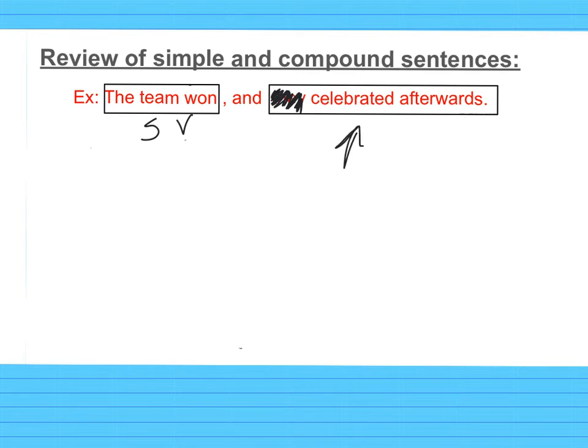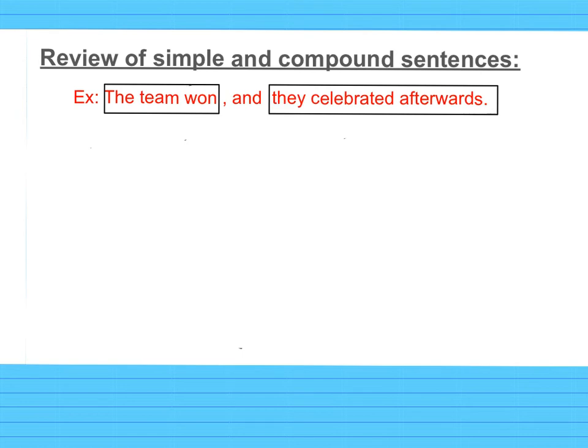If you write it like this, it's going to be incorrect because there is no subject. I only find the verb, and this would be an incorrectly written compound sentence. It might seem like something small, and I agree, it is, but for purposes of English and grammar and it being correctly written, you do need that subject and the verb in both parts of the sentence.